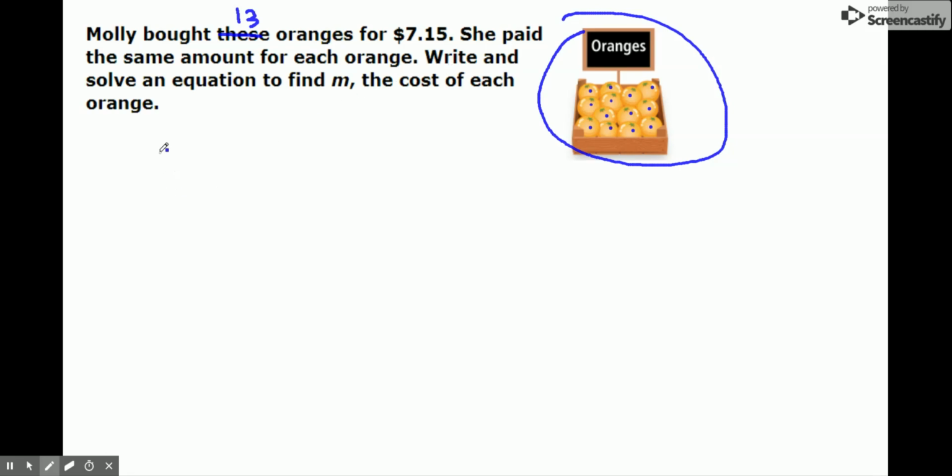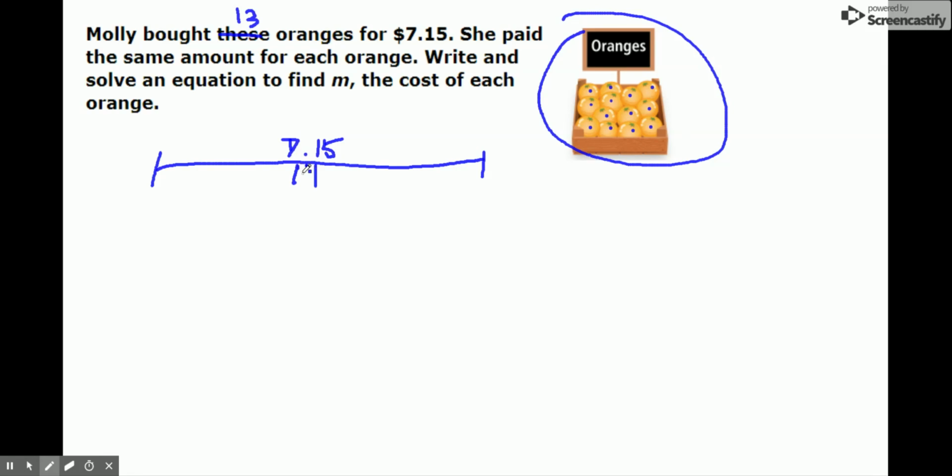So now I could create a tape diagram. I'll make this one look a little bit different, where you'd have your $7 and 15 cents up at the top. And then down here, you would have 13 oranges. It's hard to split this up, so let's say this is like half, then put a little bit here and a little bit here.